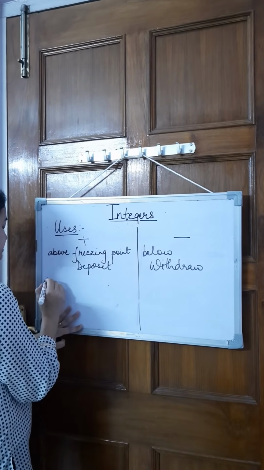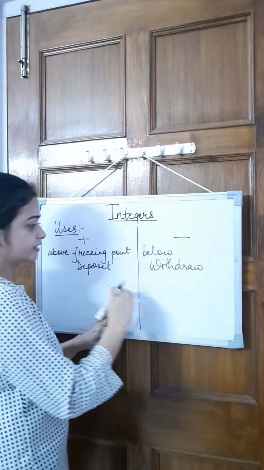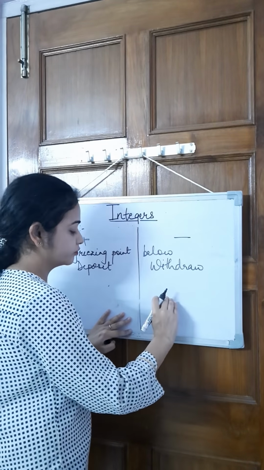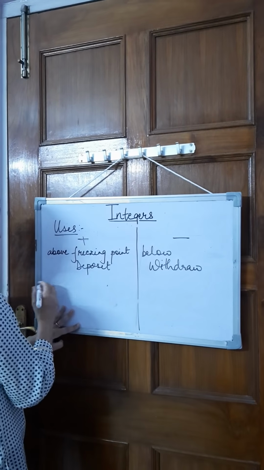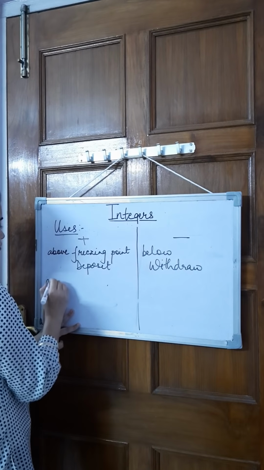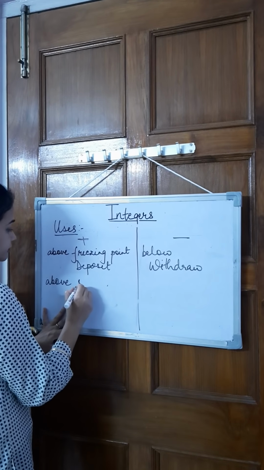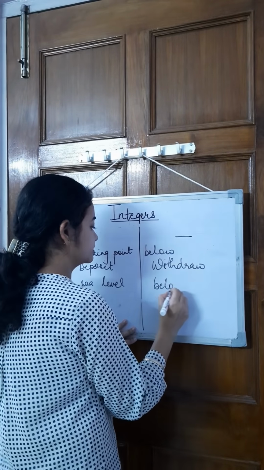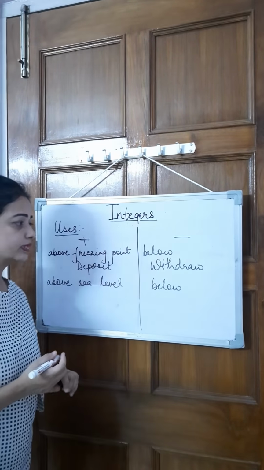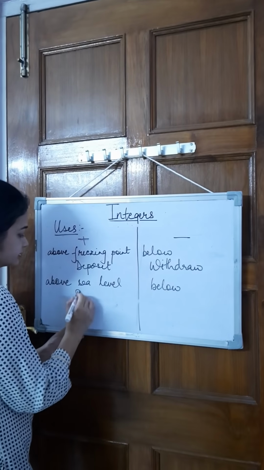When we say above the sea level, sea level is the land level, and below it will be decreased and above it will be increased. So height above it will be increased. So we say above sea level is positive and below the sea level is negative. Or we can take more examples. Let's say profit.